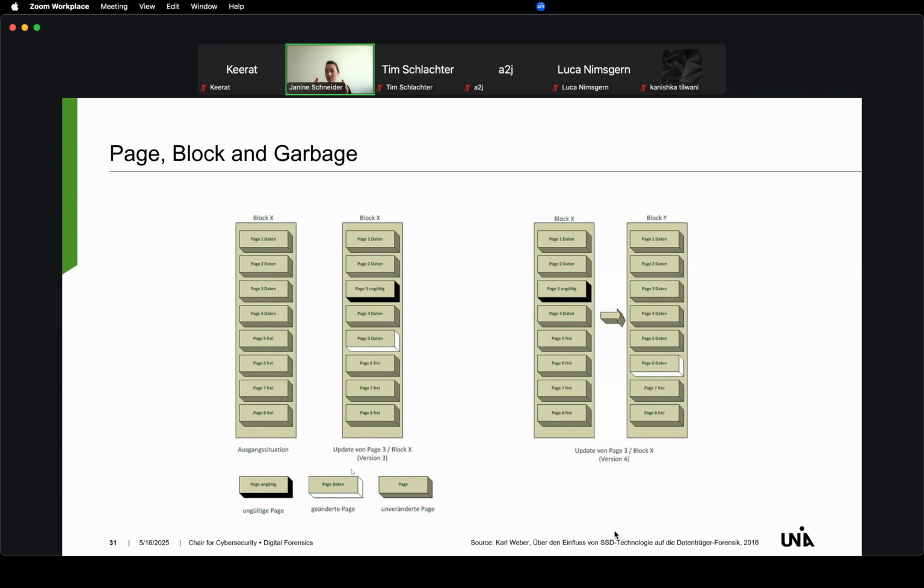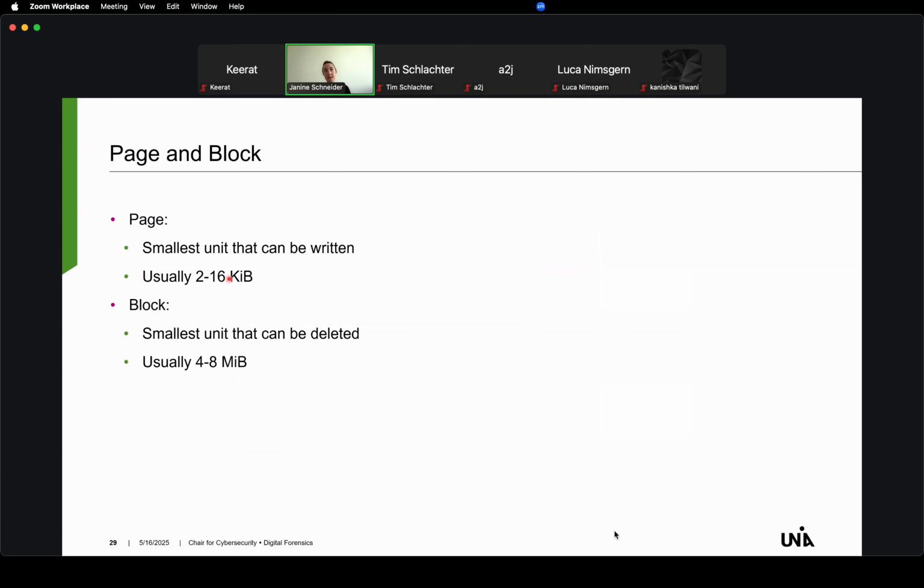You can only change a whole page. That's your smallest write unit. So you have to copy it to another place in order to update a piece of the page. Got it? You cannot address single bits and bytes. That's not possible. You always have to write at least 2 to 16 kilobytes.